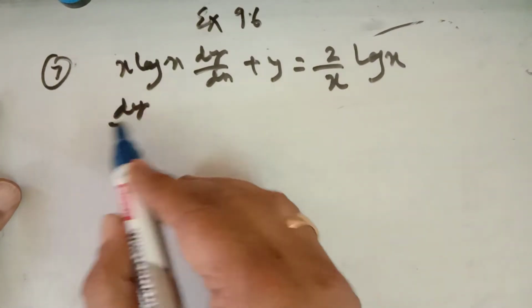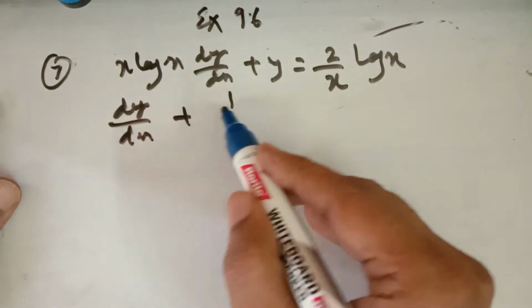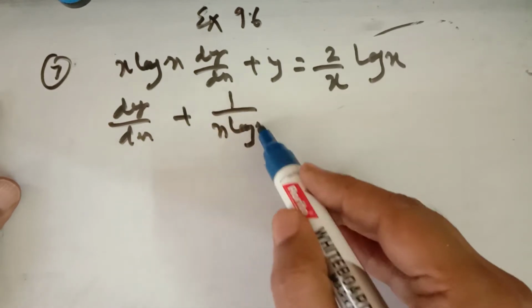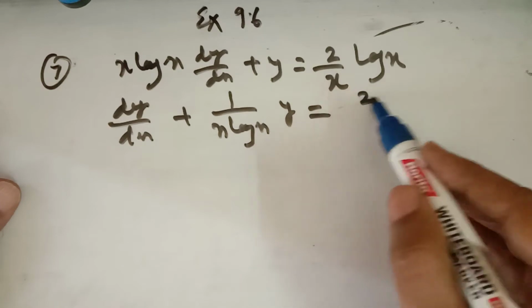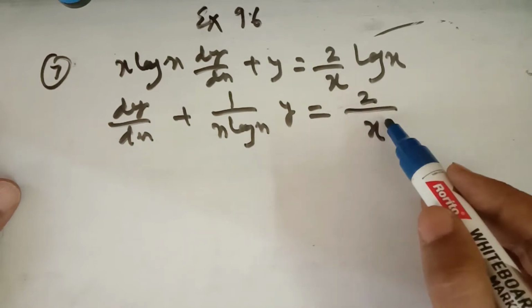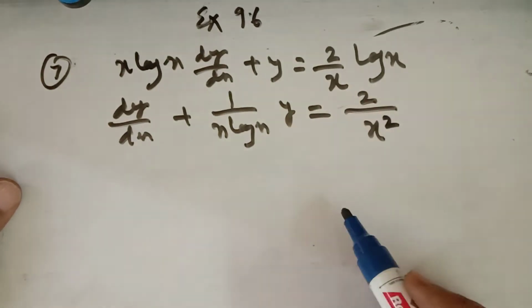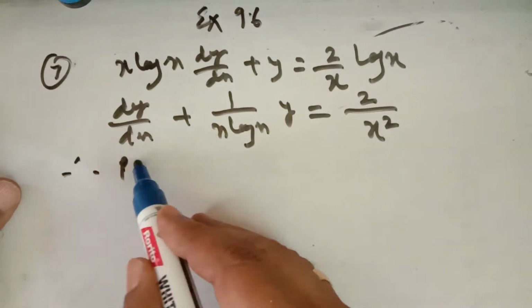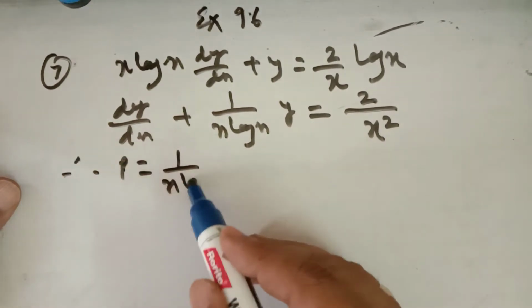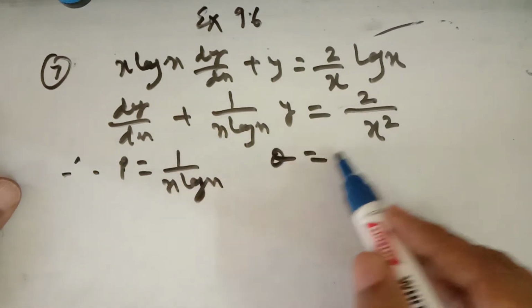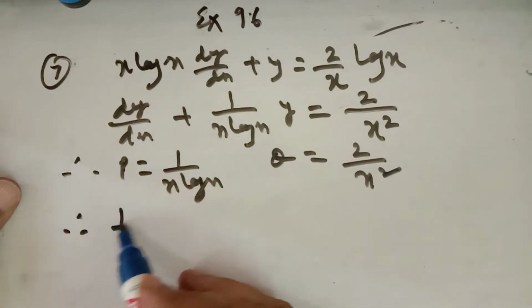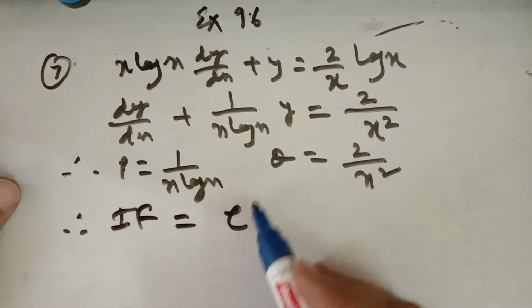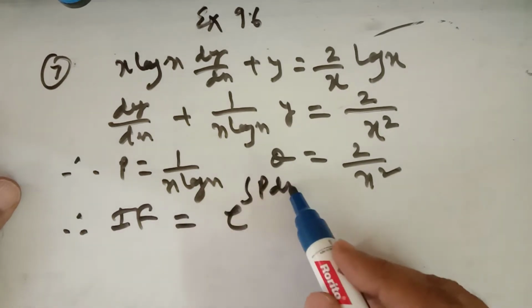So it will be dy by dx plus 1 upon x log x into y is equal to, when you divide by x log x, 2 upon x square. Therefore here p will be equal to 1 upon x log x and q is equal to 2 upon x square. Now find the integrating factor, which is e to the power integral of p with respect to x.